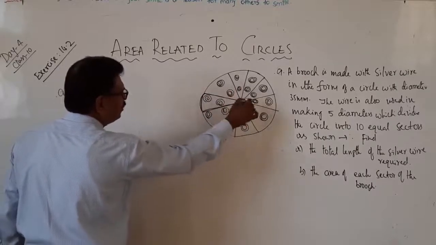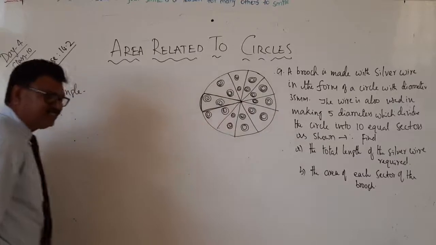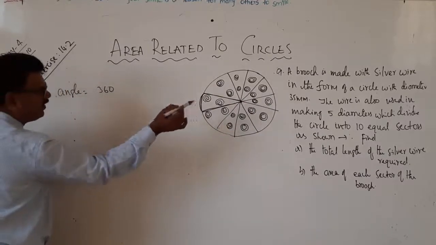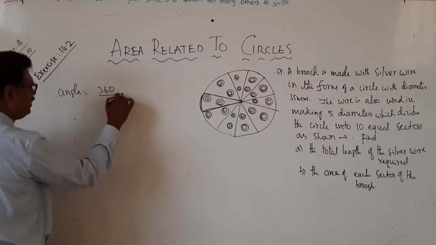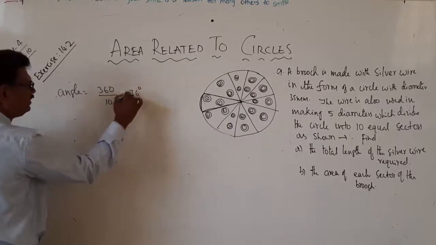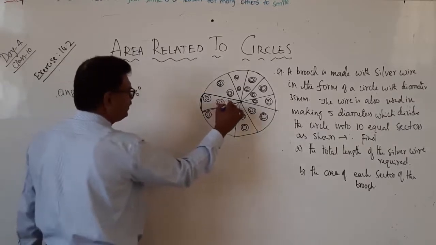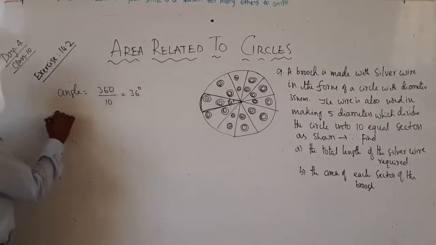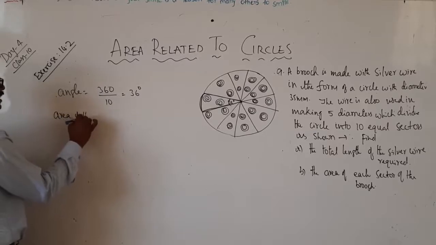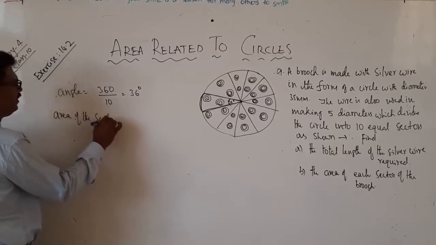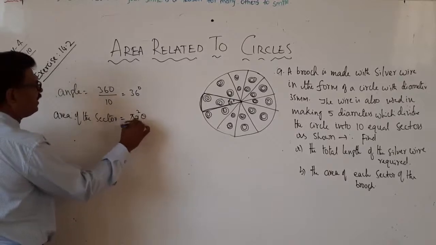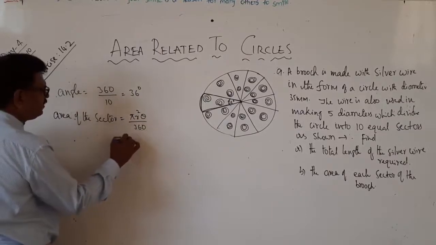So here the total angle is 360. Total how many parts are divided? 10 parts. Therefore, what is the angle of each sector? It is nothing but 36 degrees. Therefore, write down: area of the sector is equal to pi r squared theta by 360.